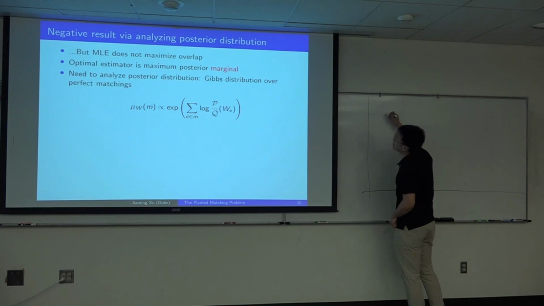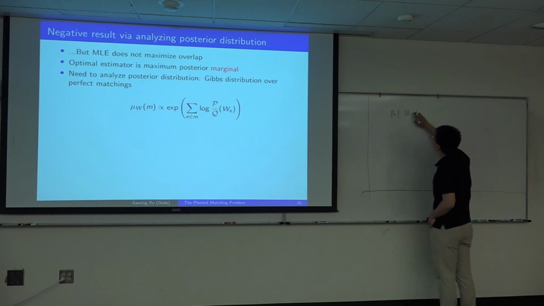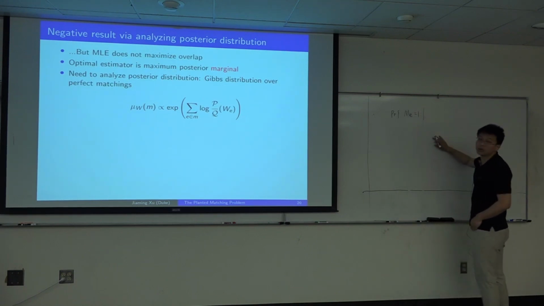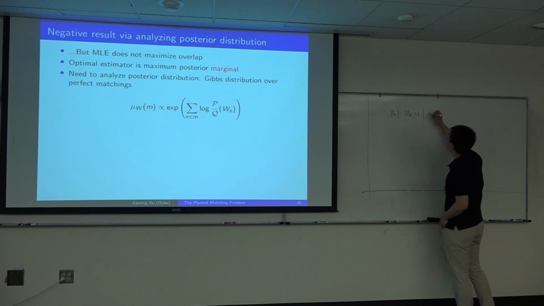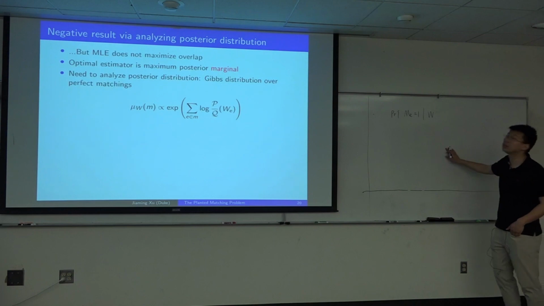So you basically look at the probability of a particular edge, given the observed graph, where I'm using W to denote the observation.